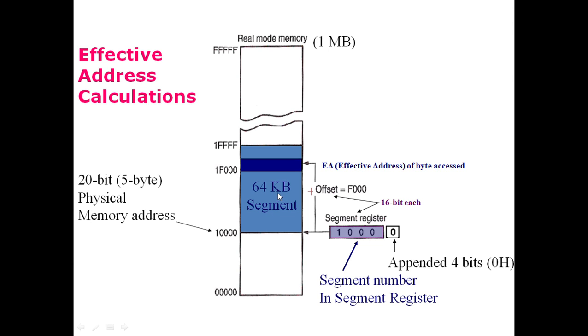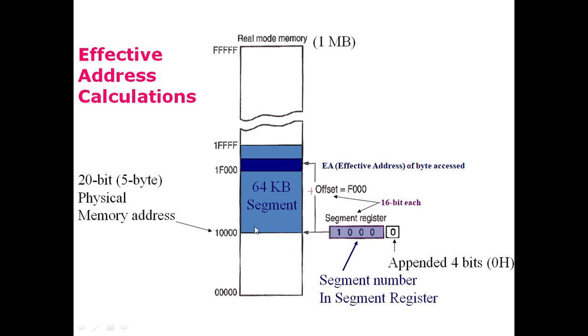That offset in this particular example is F000 in hexadecimal. This offset address is the distance from the starting location till here, and to get to that location, the offset address is to be added with the starting address of the segment.